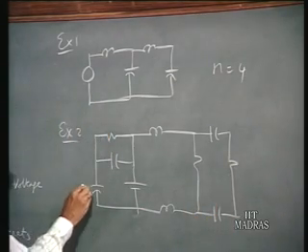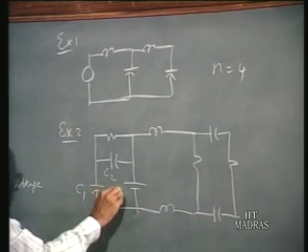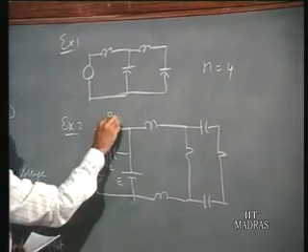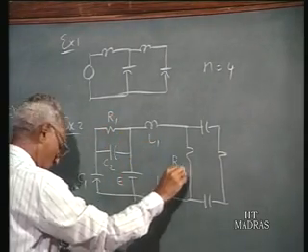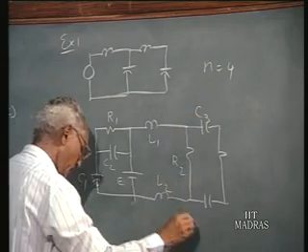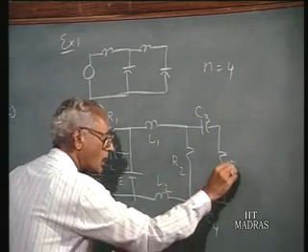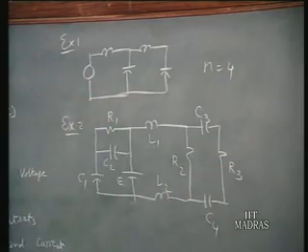Suppose I have this, call this C1, C2, E, R1, L1, L2, R2, C3, C4, R3. Now, it is a slightly complicated situation.